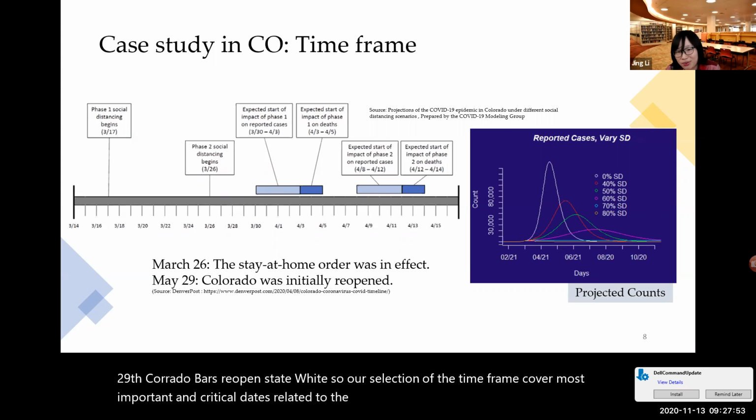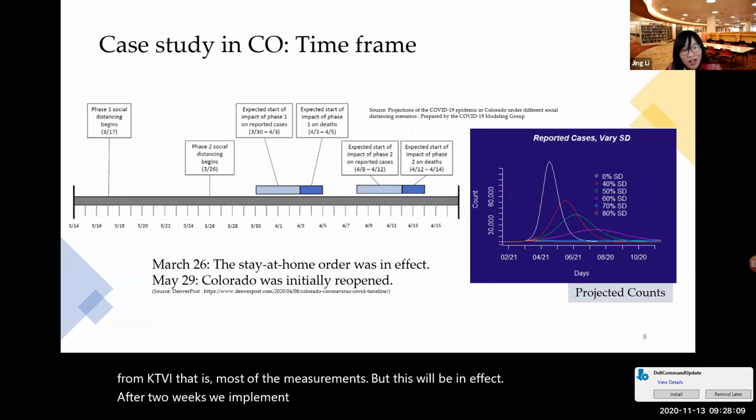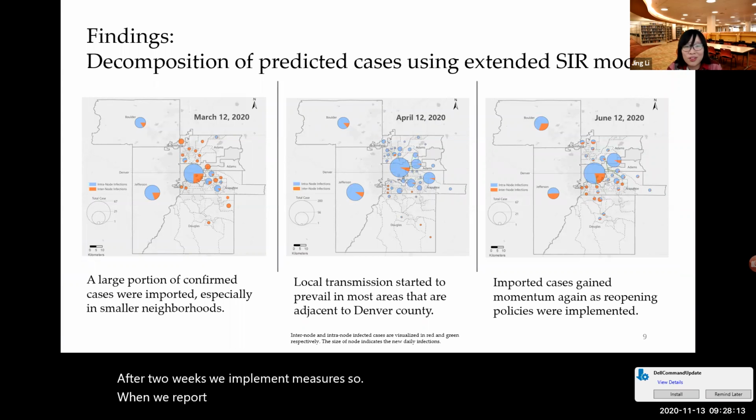According to the projection and modeling tools from CDPHE, most of the measures will be in effect after 2 weeks of implementation. So when we report our initial findings, we focus on 3 important dates.